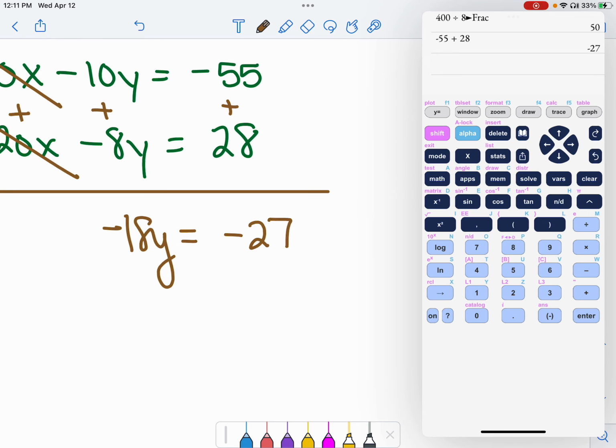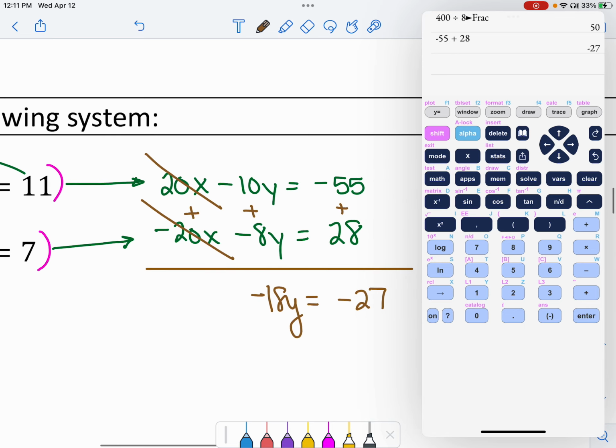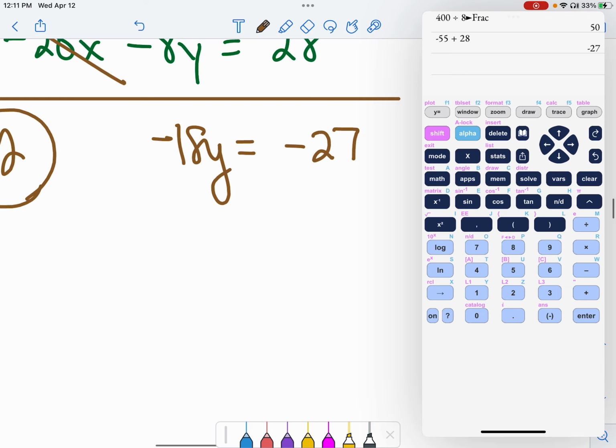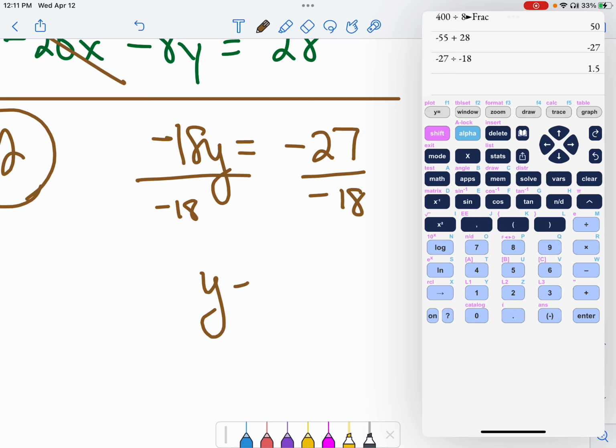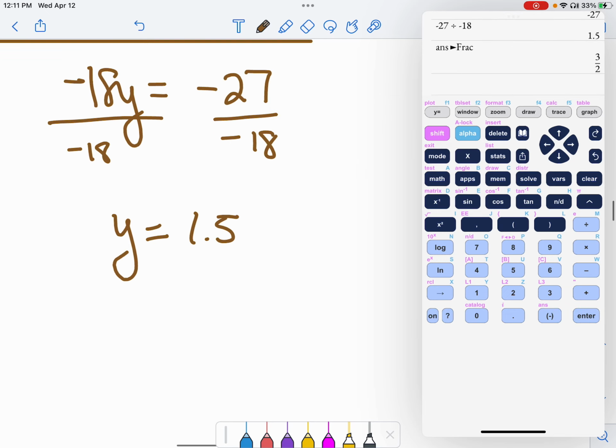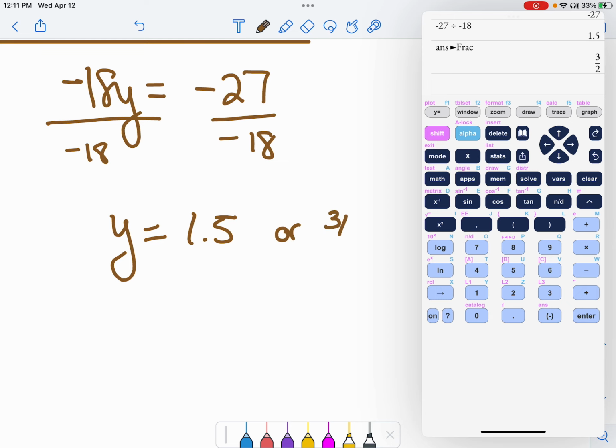So step 1 was here, step 2 was here. Step 3 is solving this, so we're going to divide both sides by negative 18. So we get y equals 1.5. Now, if you want to, you can math enter that, just in case the keystones need it. You could also do 3 over 2 if you prefer.